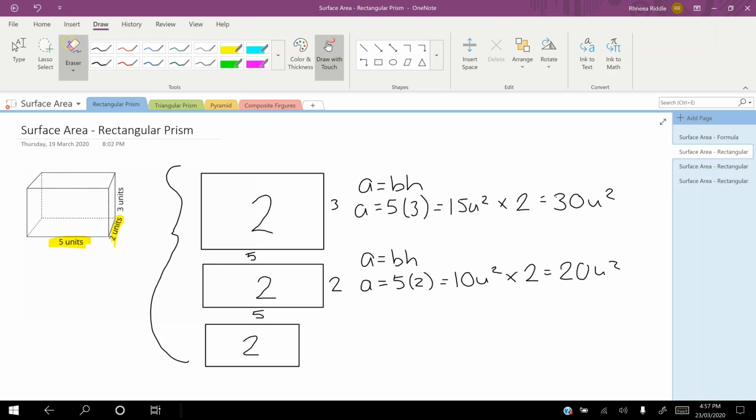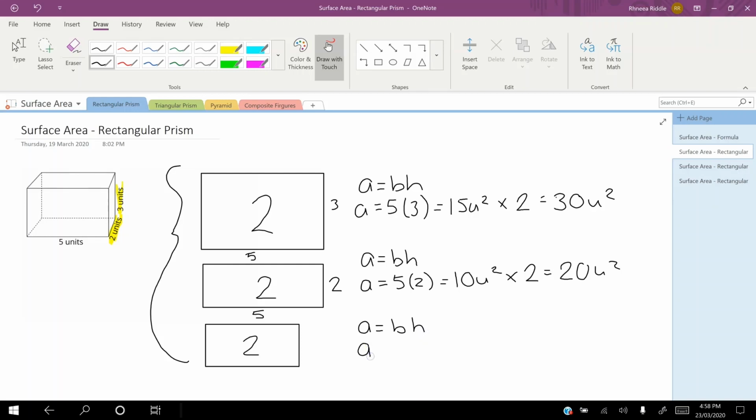So now we have our last and final face of this rectangular prism. And as we can see, the units for this are 2 and 3, where the base is 2 and the height is 3. And it is again a rectangle, so we're going to use A equals base times height as our area formula.